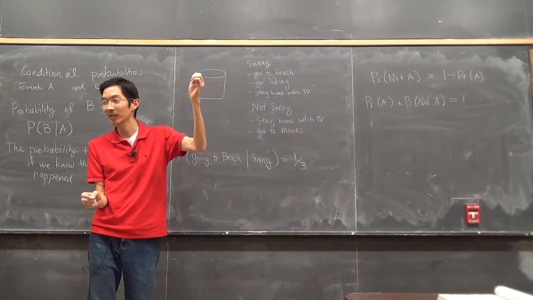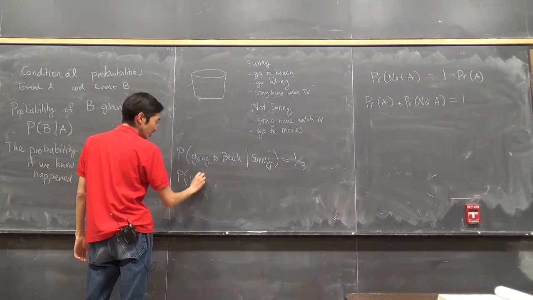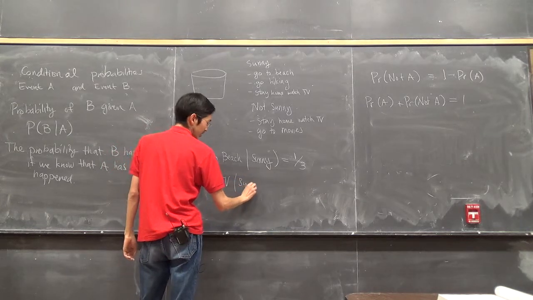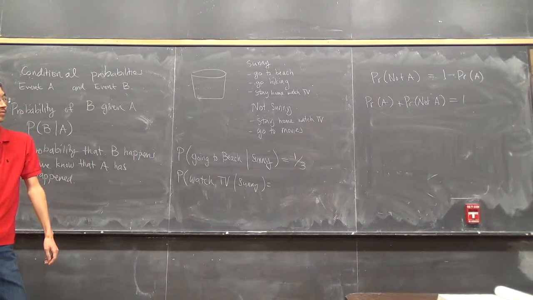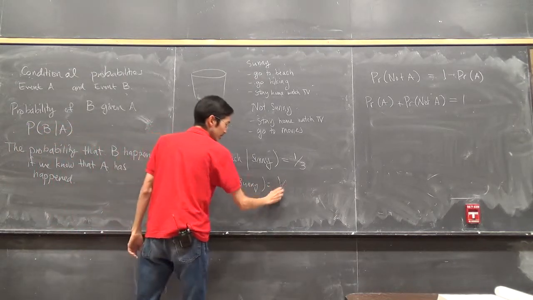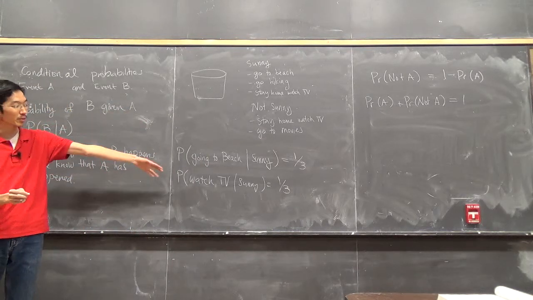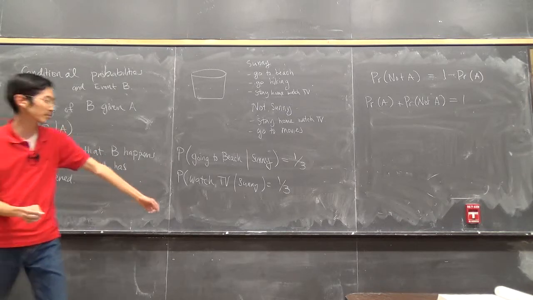What's the probability of watching TV on a sunny day? Also 1 out of 3. So if it's a sunny day, I have a 1 out of 3 chance that I'm going to watch TV.